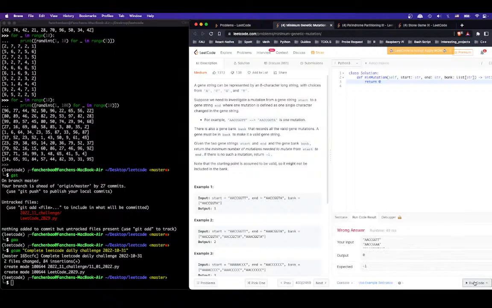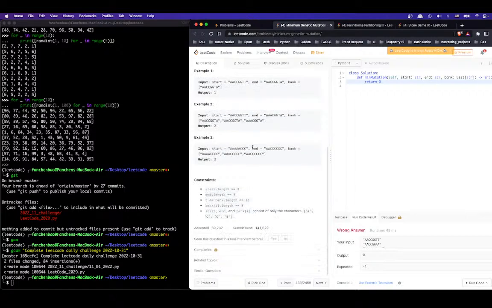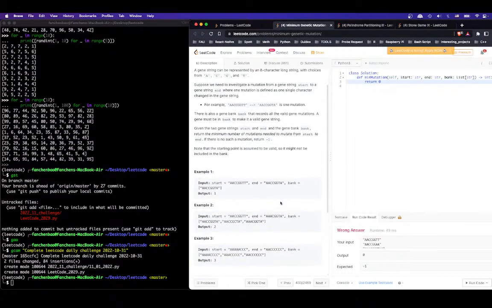So yeah, we just build a graph. So we have the start to see what they lead to, and then this to see what they lead to, and we just do a BFS, right? So we have a start, and then we have a bunch of things as the bank. And first we need to check, and the length is only 10, so we can check if the end is in it.